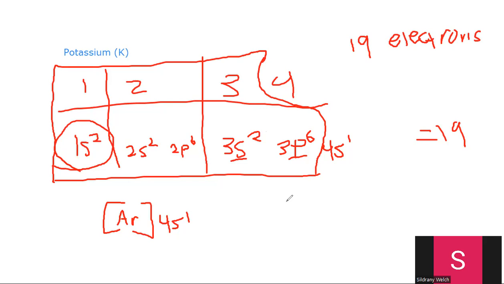So it's always an s till you maximize, a p till you maximize, a d till you maximize, an f. But we're not going to go up that high. He only went up to d, and that's it.